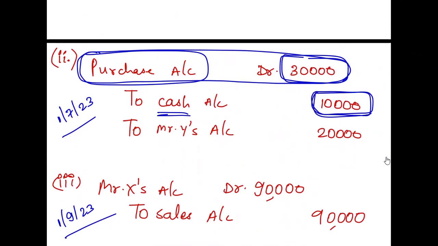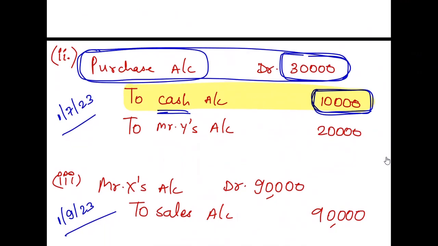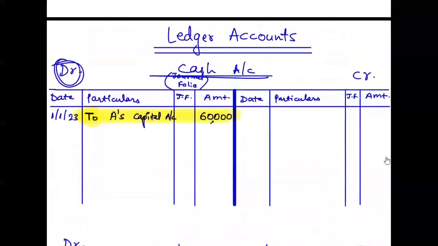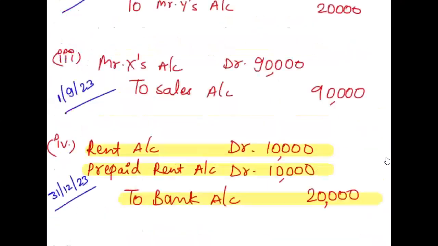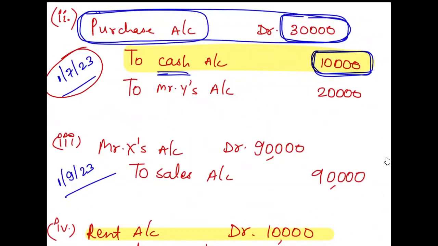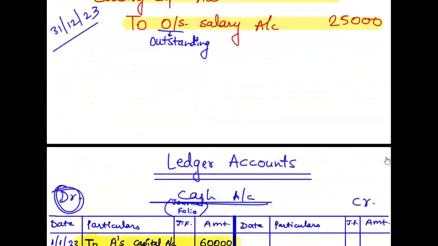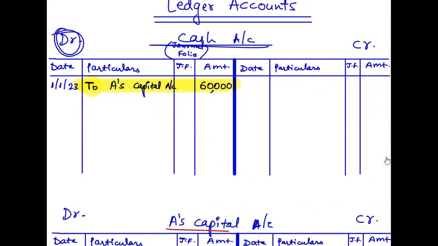Now see very, very clearly, the cash account here is being credited. So I have already prepared my cash account. So here what I will do, I will write down the date of the transaction. So date of the transaction was 1st of July 23. So on 1st of July 23, what I have done, I have done the purchases.